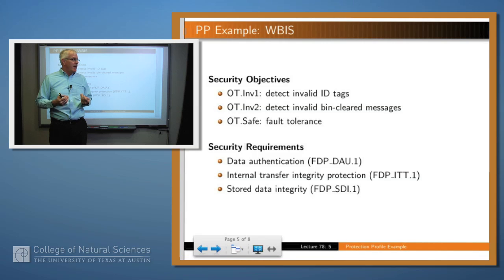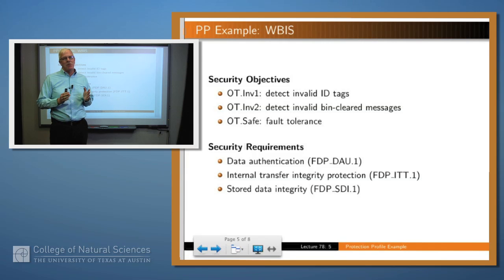the system. Now remember that what's being described here, since this is a protection profile and not a security target, is just the definition of security for a class of systems, these bin clearing systems. It's not a particular product that someone has implemented. One might imagine that they'll come along later and actually sell a product, but this isn't it.